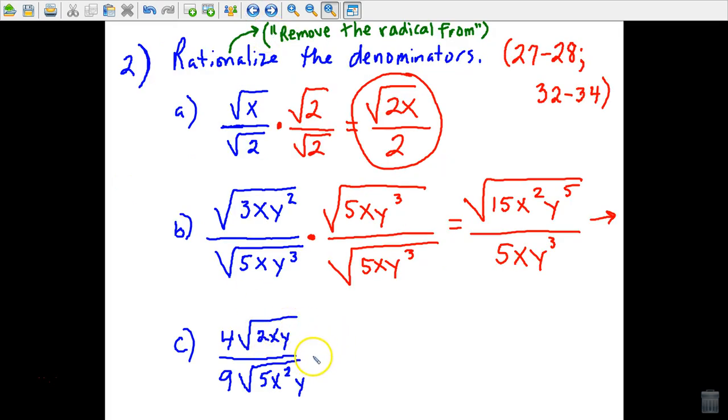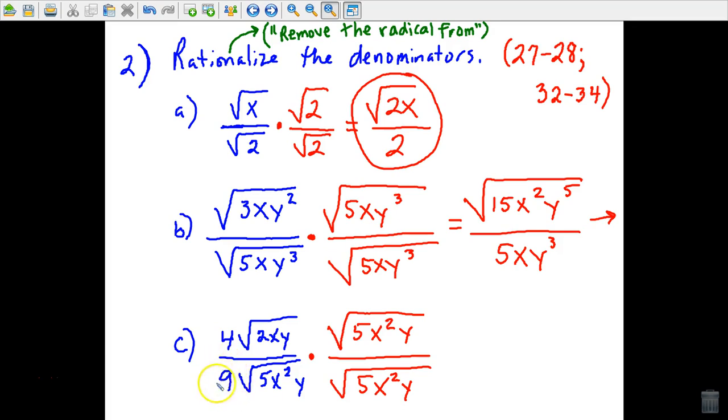Okay. One more, just like this. On letter C, I'm going to multiply the top and the bottom of this fraction by the square root of 5x squared y. Notice I'm only supposed to rationalize denominators, and the number 9 is not under the radical, so there's no need to include that in my product.